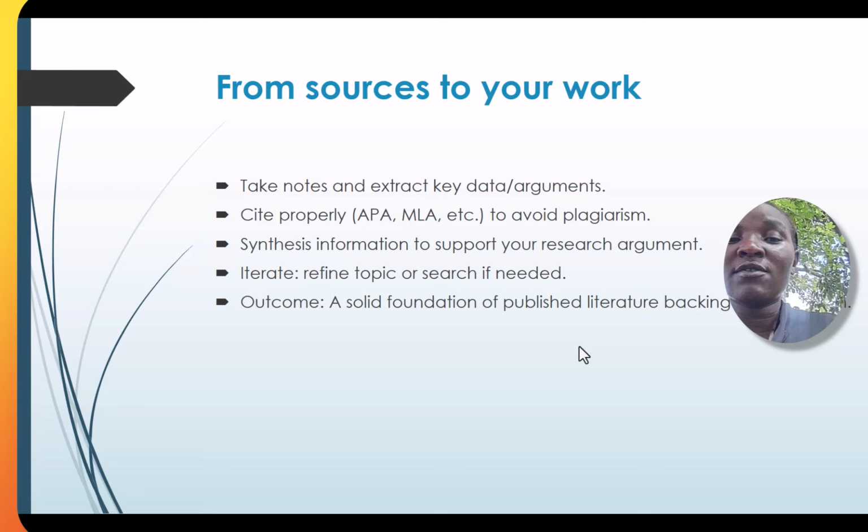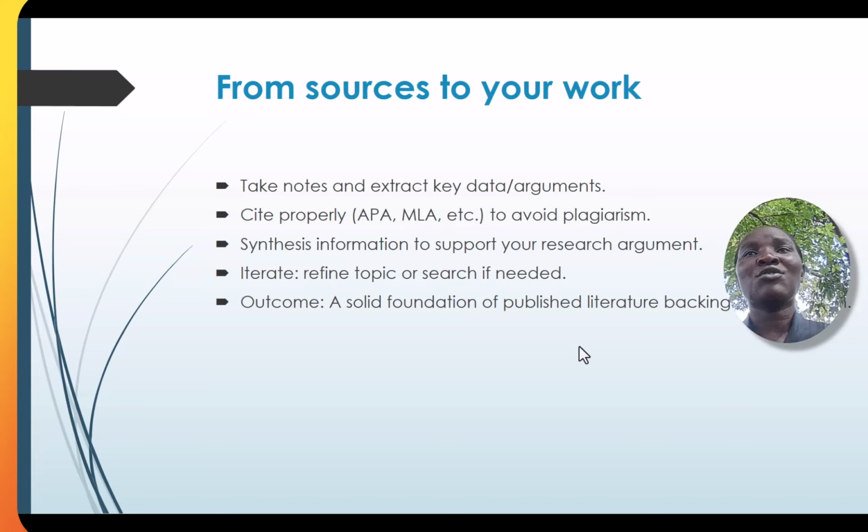We have synthesis of information to support your research argument. You need to give citations, which you are going to look at so soon. We need clarity in our research. We need to iterate. We need to refine topic or search if needed. Outcome: a solid foundation of published literature backing your research.